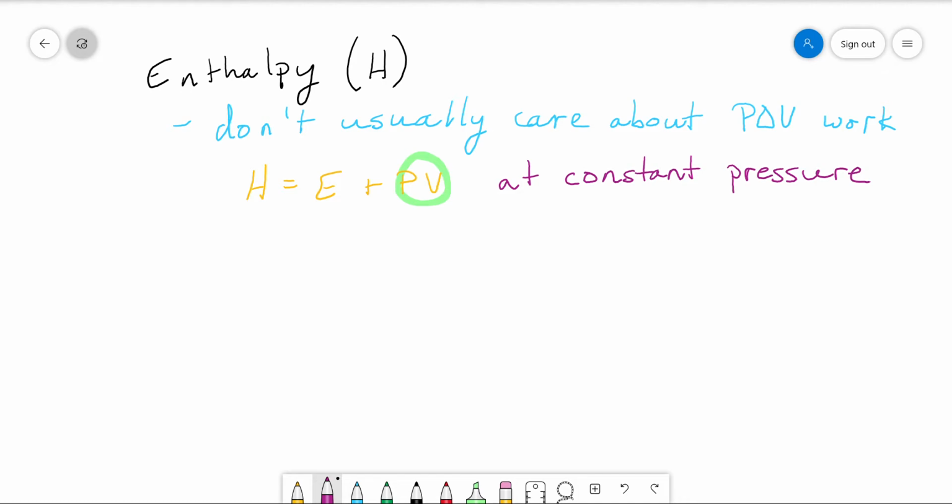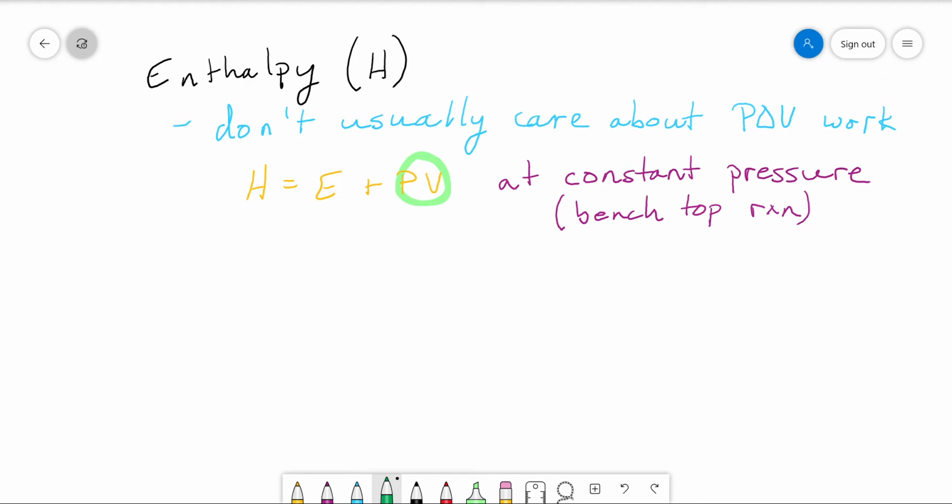So at constant pressure, which is to say a bench top, so if you were to actually do the lab this week, it would be in a coffee cup, and a coffee cup is open to the atmosphere. Atmosphere has constant pressure, not day to day necessarily, but while you're doing your reaction, the pressure is constant.